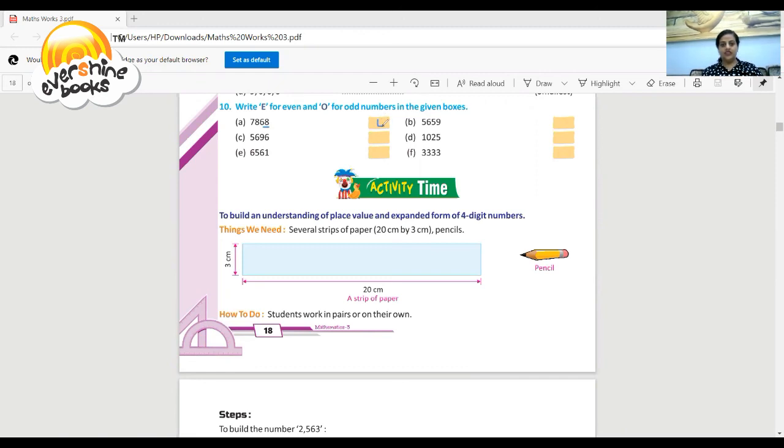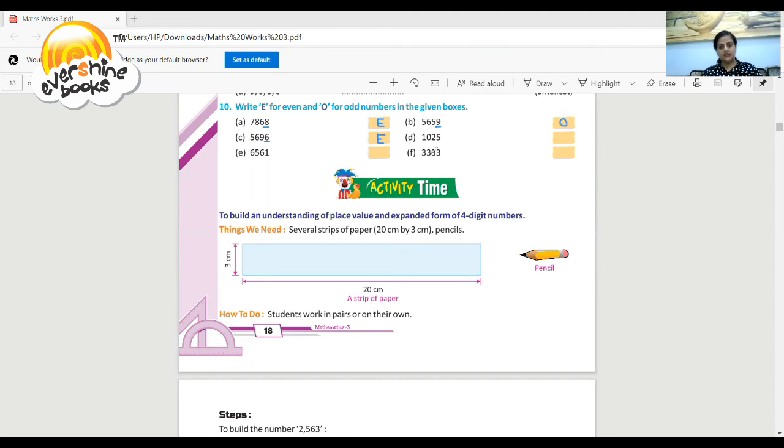We will write E here. 5, 6, 9, 6. Again, this is 6, so it is also an even number because it is 6 at the one's place. I have told you 0, 2, 4, 6, 8 at the one's place is called an even number. 9 at the one's place means it is odd.